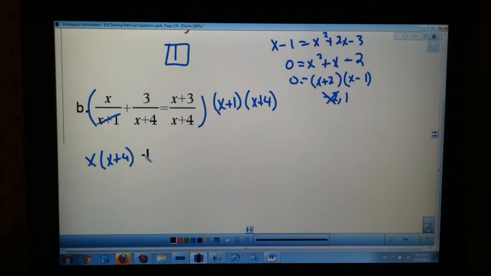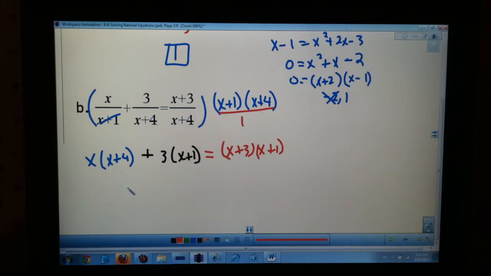And then we have plus. Now the x plus 4s would cancel with the x plus 4, so we leave the x plus 1 times the 3. And here the x plus 4's cancel again, so we're left with the x plus 3 with the x plus 1. So that's just distributing these to every single thing and reducing, because remember these are really over 1.